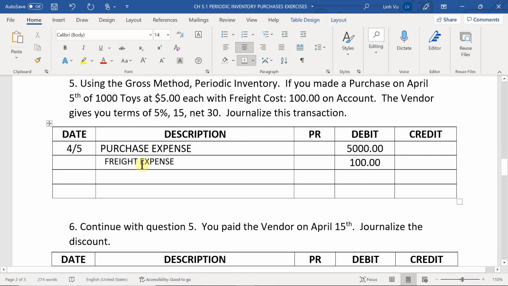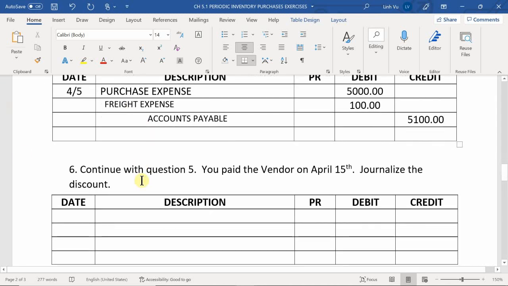How did I pay for this? On account, so it'll be accounts payable of 5,100. Good.